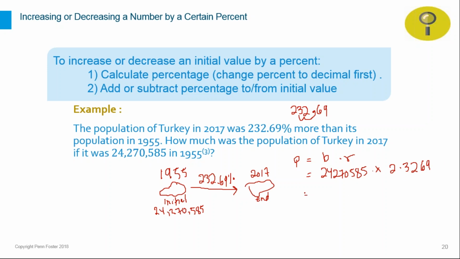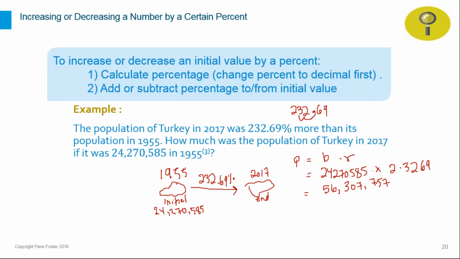Multiply, and that will give you the increase. It's not going to give you the end population, it's going to give you the increase. That is 56,473,757. So the population increased by over 56 million over the course of the years between 1955 and 2017.